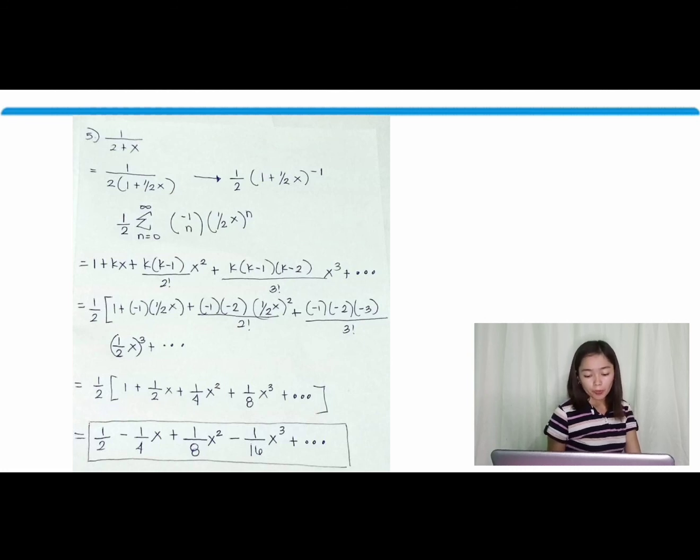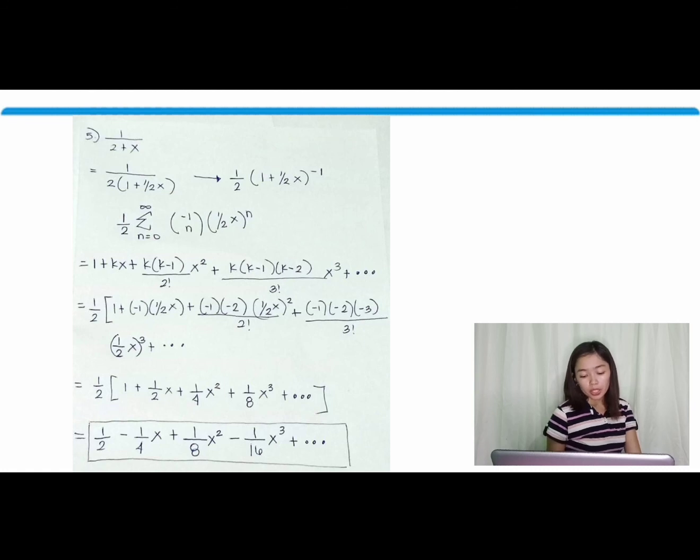So we have 1/2 multiplied by 1 plus k, which is negative 1. The value of our x, we have 1/2 x, plus negative 1 times k minus 1, which is negative 2, over 2 factorial multiplied by 1/2 x squared, plus negative 1 times negative 2, and for the k minus 2, negative 3, over 3 factorial multiplied by 1/2 x cubed.